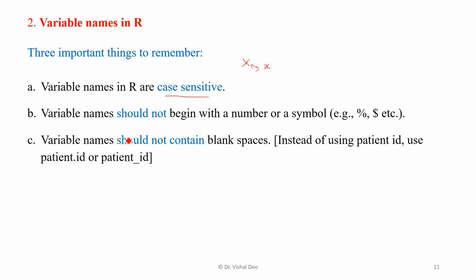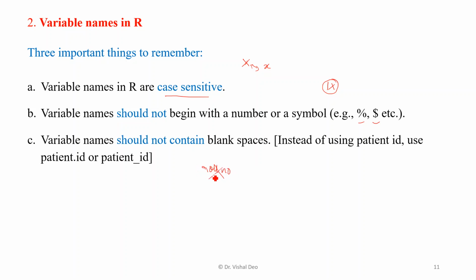Secondly, variable names should not begin with a number or a symbol. I cannot write 1x. This is not going to be treated as a variable name. Similarly, you cannot use any special symbol to start a variable name. And very important, you should not leave any blank space. That is not acceptable in R. So if you want to write a variable name, say roll number, don't leave a space.